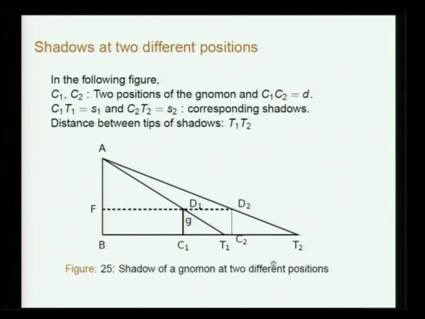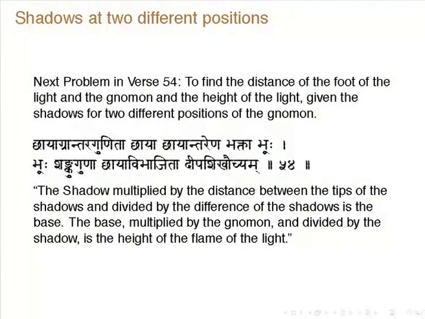Then there are some relations between them, and that is what he is talking about: to determine the distance between the foot of the light and the gnomon and the height of the light, given the shadows for two different positions of the gnomon.